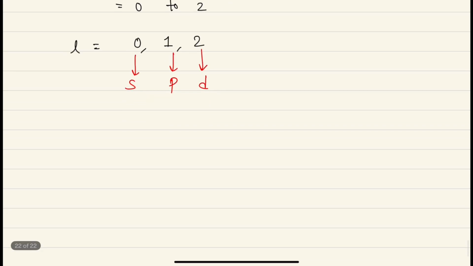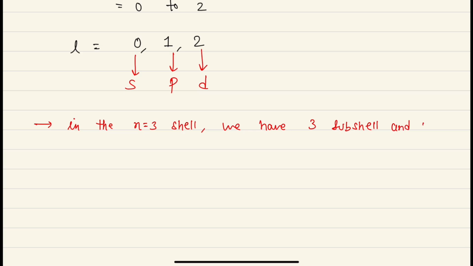So we can say that in the n equal to 3 cell, we have 3 subcells, and that is S, P and D. This is your answer. Clear, everyone?